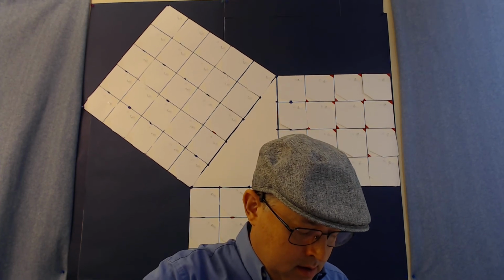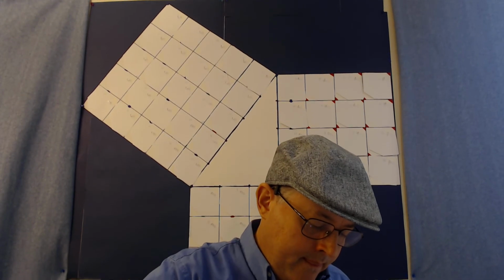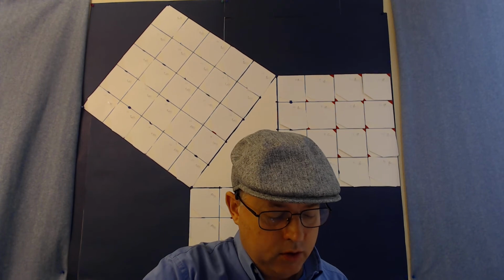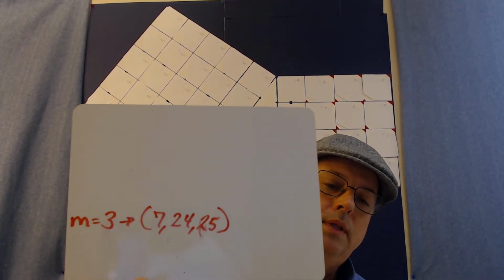All right, and so let's check this out a little bit more. Okay, remember that we had a basis of 3, and that generated the 7, 24, 25 Pythagorean triple.